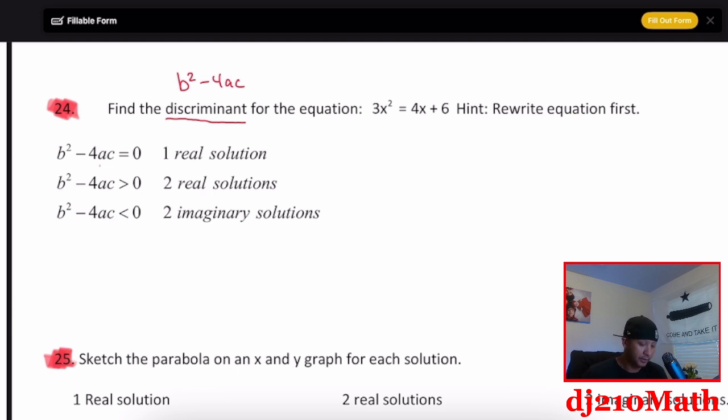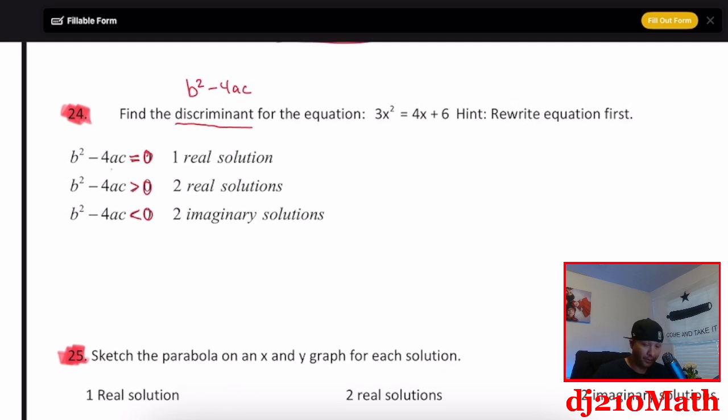When you calculate the discriminant, there's 3 possible scenarios. Either it's equal to 0, where you have one real solution, or you have a positive number, greater than 0, and you have 2 real solutions, or it's a negative number, and you have 2 imaginary solutions. So equal 0, and then positive and negative.